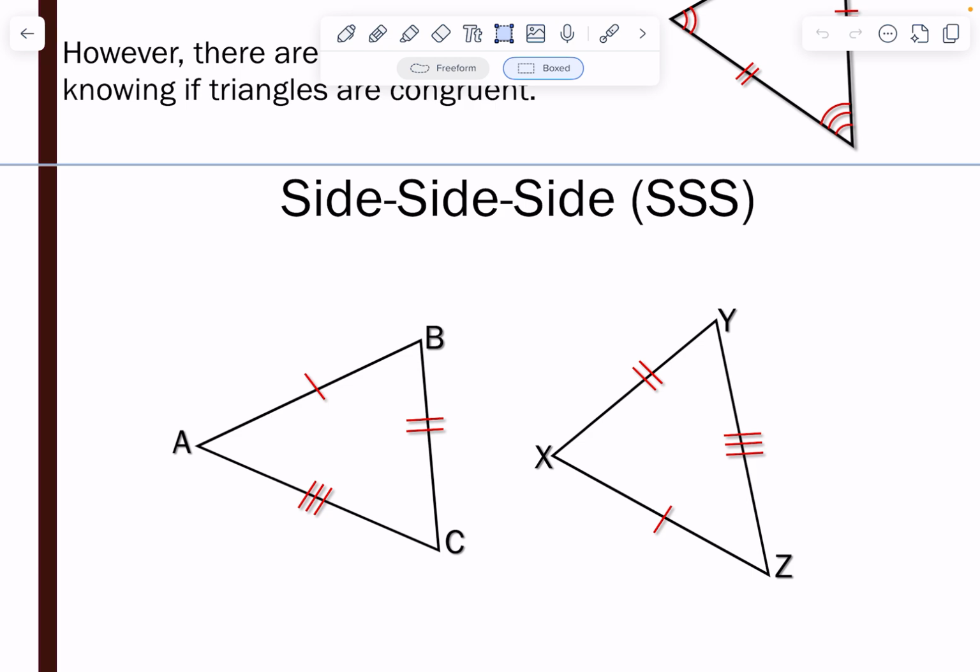What that simply means is if I have one pair of corresponding sides congruent, a second pair of corresponding sides congruent, and a third pair of corresponding sides congruent, then these two triangles would be congruent.